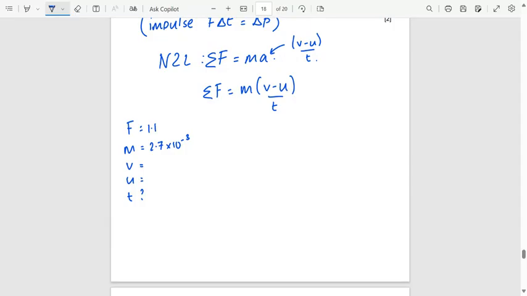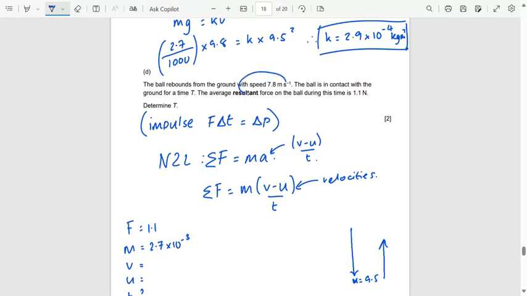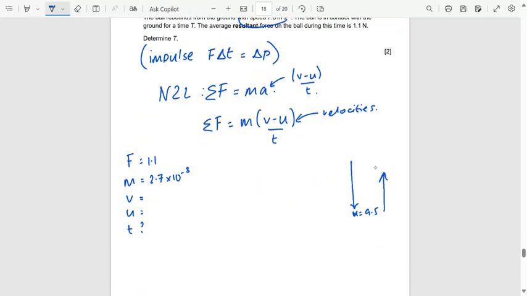Let me just draw it. It strikes the ground with a speed of 9.5, or velocity. Sorry, these are velocities. Direction matters. So we've got an initial velocity of 9.5. It then rebounds with a speed of 7.8.